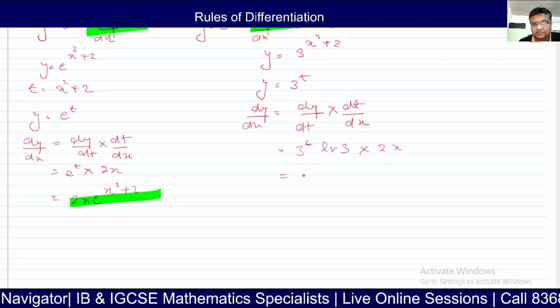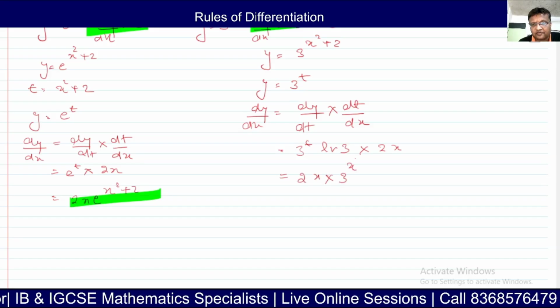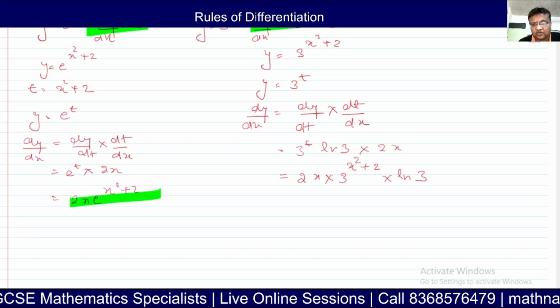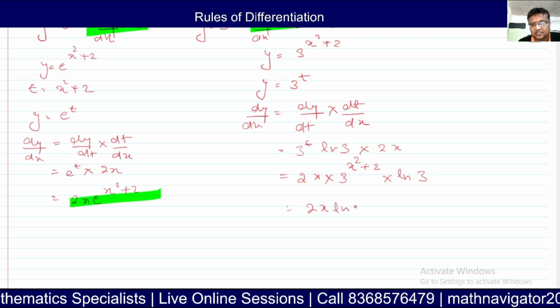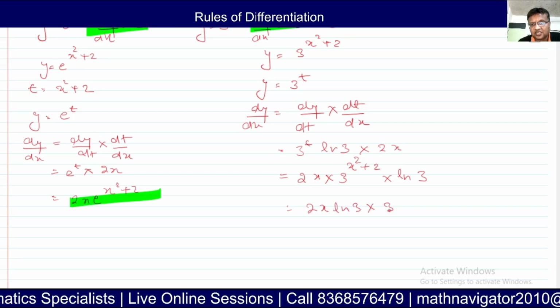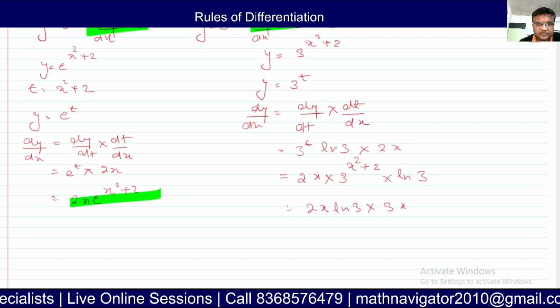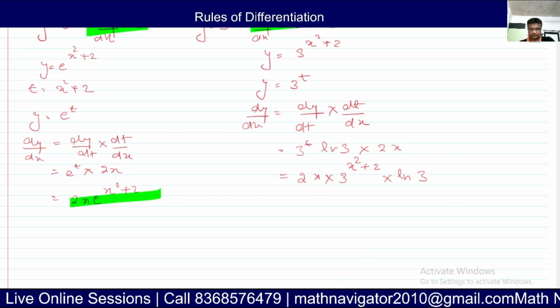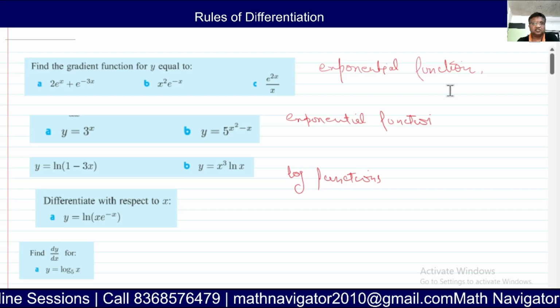So this becomes 2x times 3 raised to the power of x squared plus 2 times ln 3, or you can take ln 3 here: 2x ln 3 times 3 raised to the power x squared plus 2, or you just leave it like that. Clear, perfect. Right.